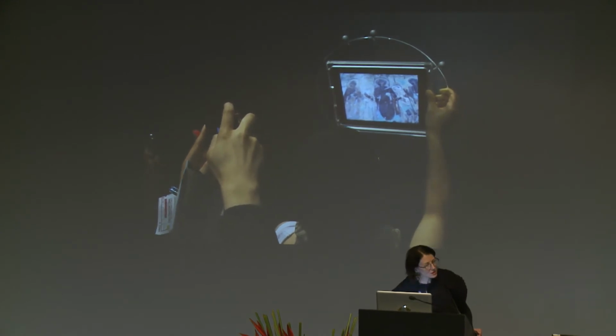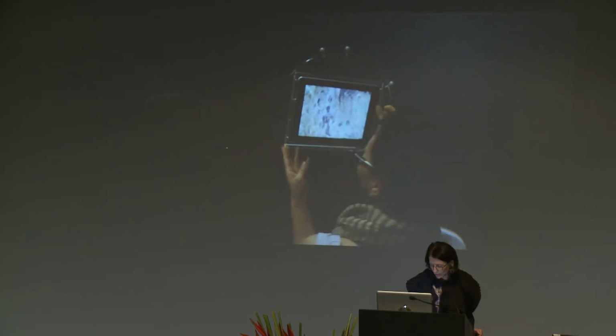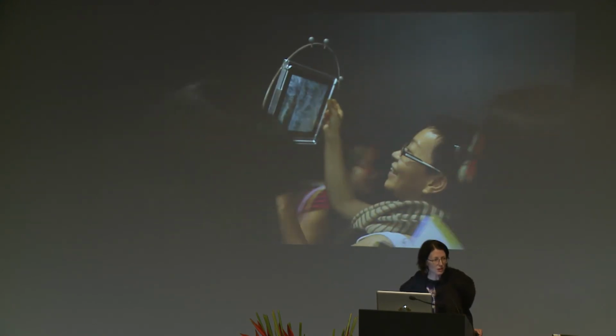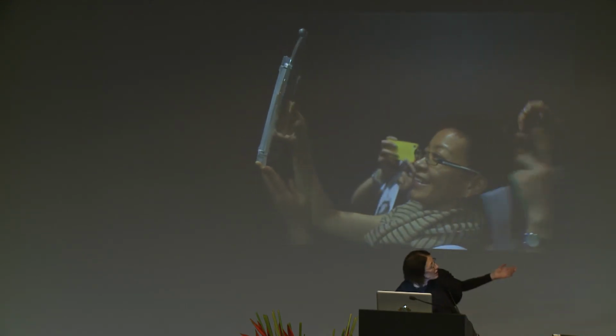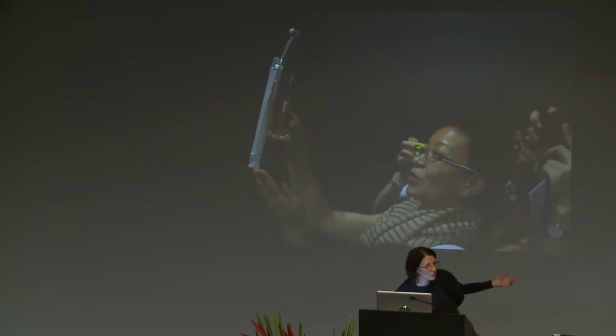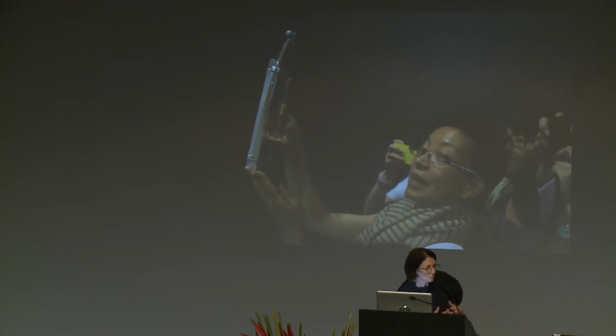So I show this because this goes to one of my core questions about multi-user and single-user multi-spectator scenarios. For me, this is the best thing that goes on in museums. It's that socialization around a particular object.